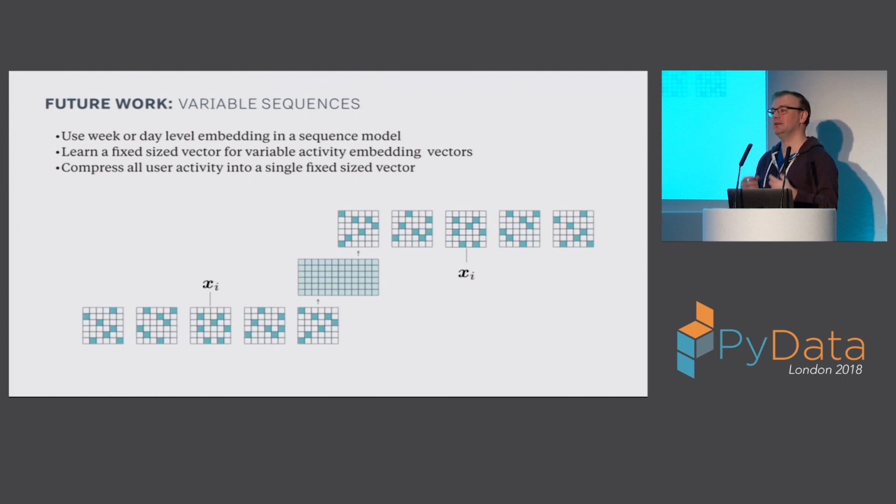In particular, can I create a fixed size vector that represents most of the activity for its particular user? And if I am able to do that, that fixed size vector should be quite useful in downstream modeling tasks. On the lower hand side, we have just the original sequence, and on the top, you'd have the same sequence reversed, right? So you're just trying to predict the sequence itself again. So again, it's an autoencoder, but in this case, it's an LSTM autoencoder.